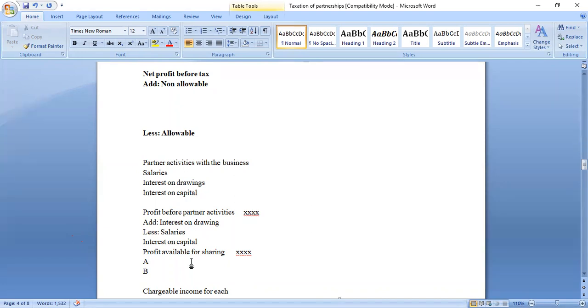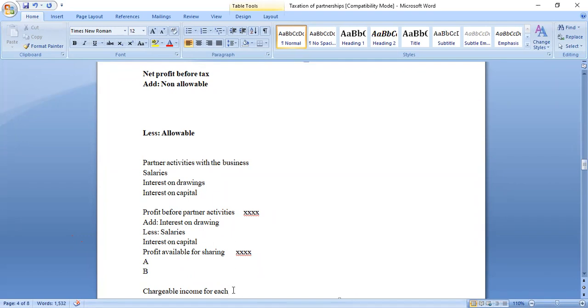If the partnership deed is silent, we share that profit equally. Everyone takes a half. But if they're specific and they say they share in the ratio of their capital contribution, then you use their capital contribution ratios. If the ratio is clear, then use the ratio. I hope I've answered you on that. Thank you.